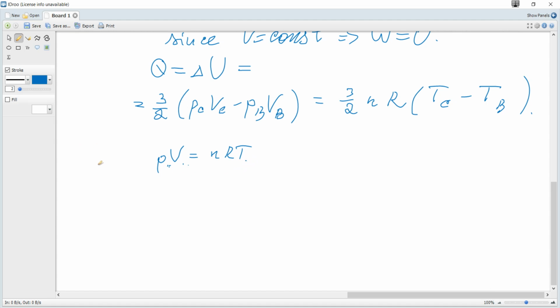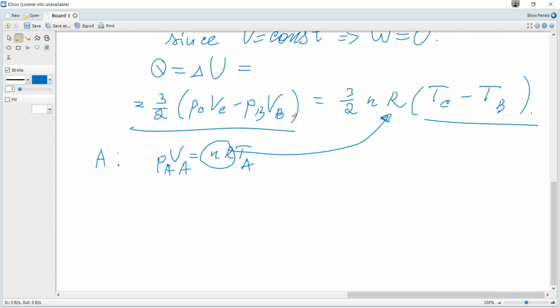Since everything is given for point A, we can write PAVA over TA is constant. We can solve for nR and substitute, knowing TC and TB, so we don't need to find pressures. It's possible to find pressures and then use the formula, but this is more useful.